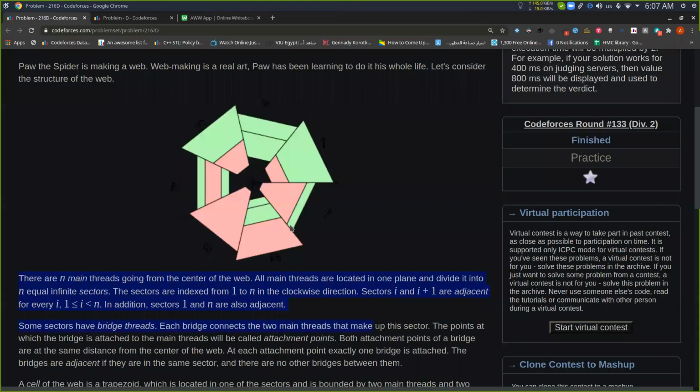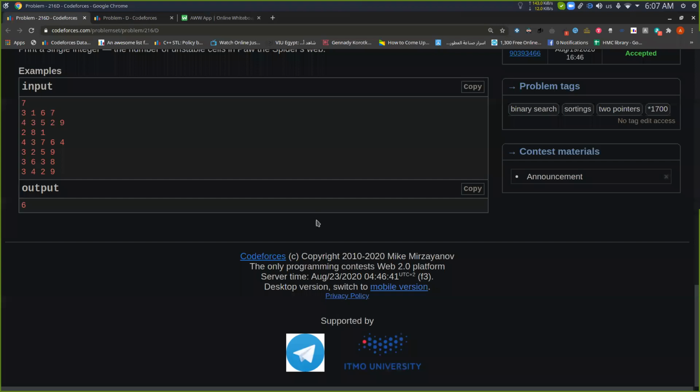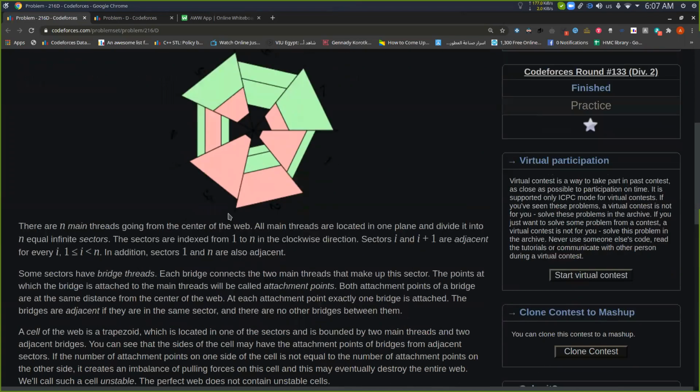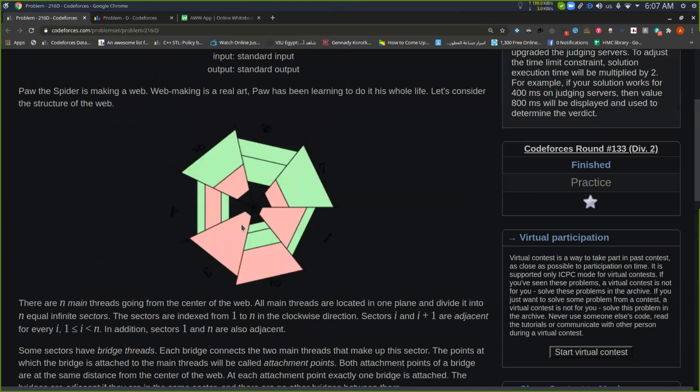Any ideas? Let's look at how to know whether a cell is stable or not. We said before that a cell is stable if the number of right bridges touching it equals the number of left bridges touching it.